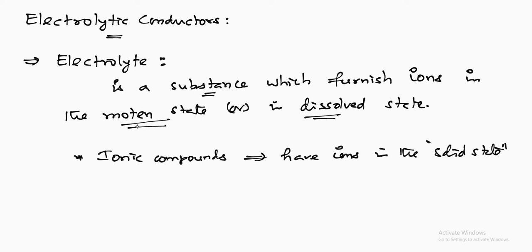Students, observe carefully. You might have heard about this. In ionic compounds, positive ions and negative ions are held together by means of ionic bonds. Correct. So in the solid state itself, these compounds have ions, but in the solid state, these ions are tightly held together, so they cannot move.